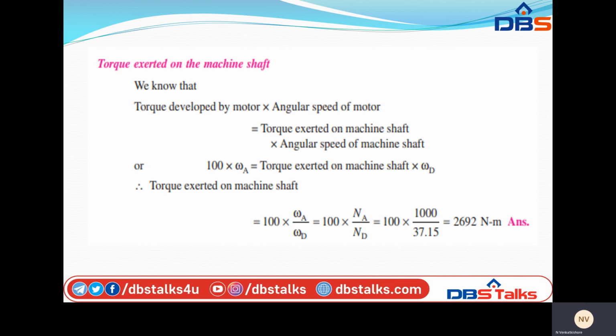That is equal to 100 into 1000 by 37.15, that is equal to 2692 Newton meter. So like that, we need to solve all the problems.